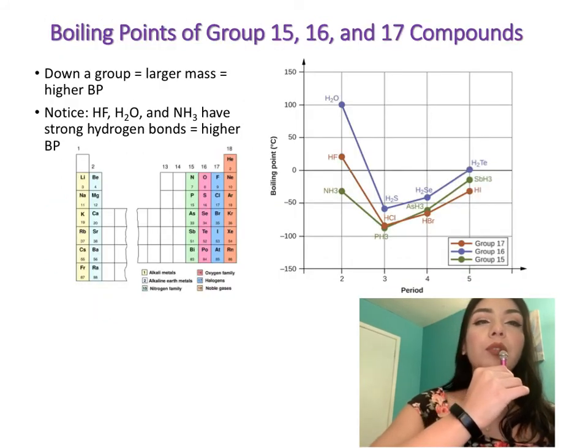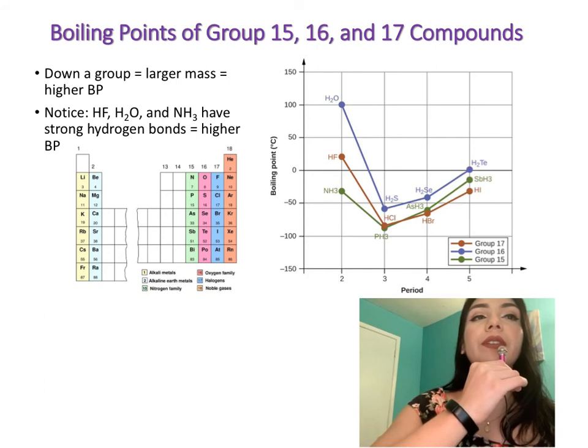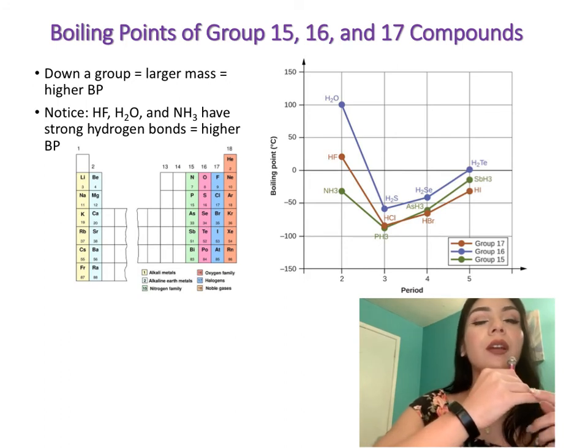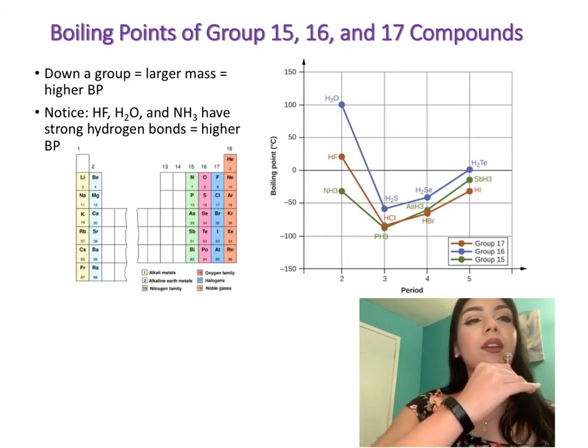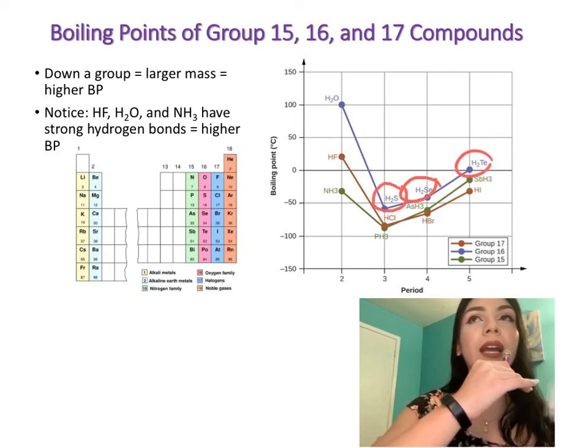So on this slide, I'm showing you the boiling points for group 15, 16, and 17 compounds, or group 5, 6, and 7, whichever way you look at the numbers. As you can see, for example, the blue line is group 16. As we go down this group, we're getting larger.